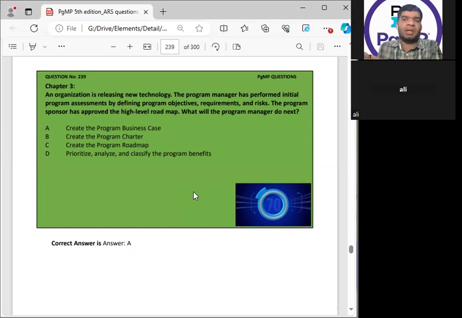That is benefit analysis and planning. The prioritization and analysis is in the planning area. So let's talk about the first three options. Once we complete the initial assessment part, that assessment or estimation will go as an input to the business case and the charter.